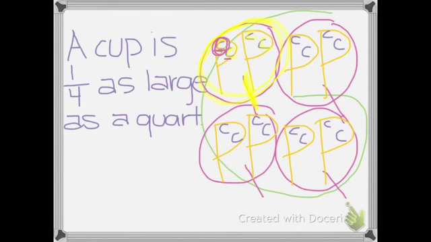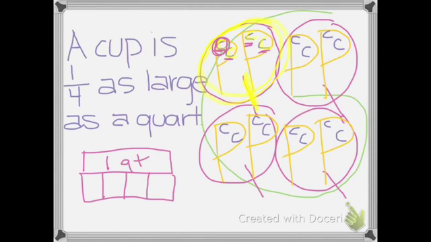Because I have 1, 2, 3, 4 cups. 1 cup is 1/4 of this quart. In a quart, I have 4 cups. So as you can see here, 1 cup is 1/4 of a quart. So we can see here that this is true.